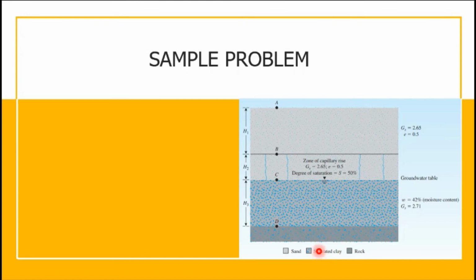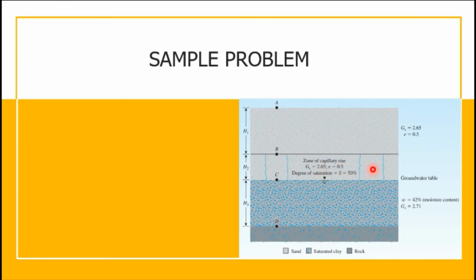If you look at the figure, this is sand, this is saturated clay, and this is rock. This sand is dry sand, because it was not said to be moist, and only specific gravity and void ratio are given. So it is dry sand, with no moisture content given.